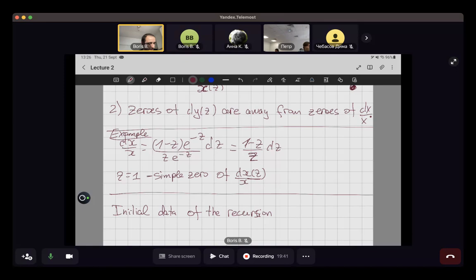But note that z_i lives on the ith copy, so the z_i's are not belonging to this whole space. It's just that z_i lives on the ith copy of sigma. As I said at the very beginning, z1 is an affine coordinate on the first copy of sigma, the first copy of CP1.